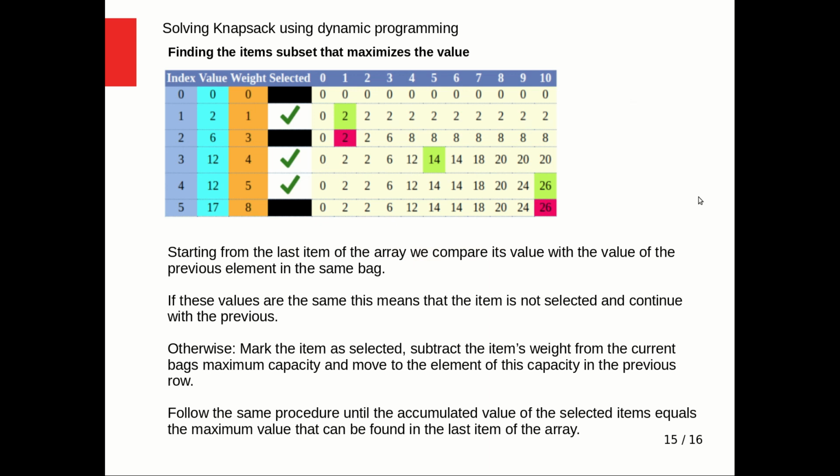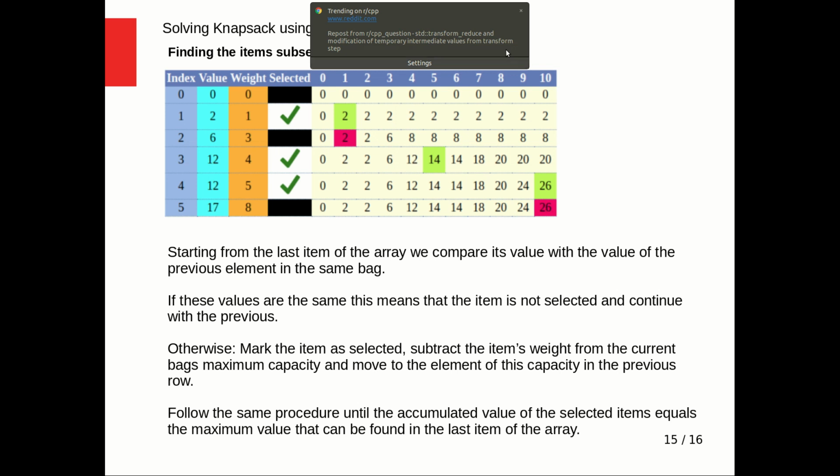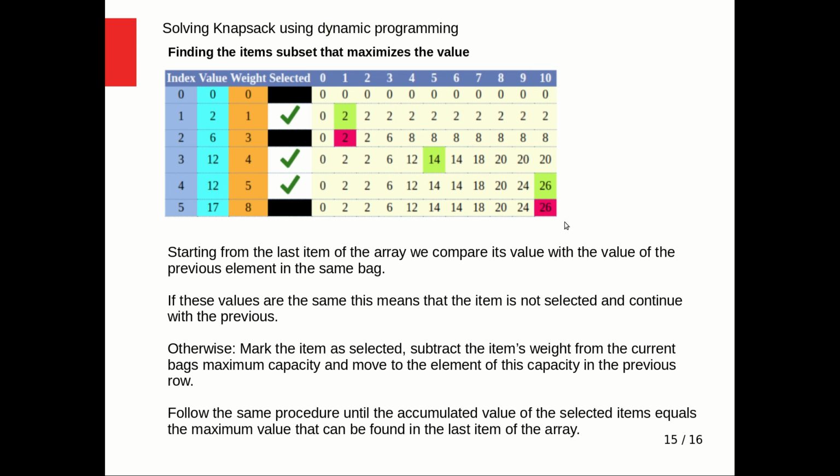We always start from the last element in the array, the one that holds the maximum value. If the value in the same bag capacity, the capacity 10, is the same in the previous row as it is here, this means that the item in the last row, in this case, is not included in the optimal solution.